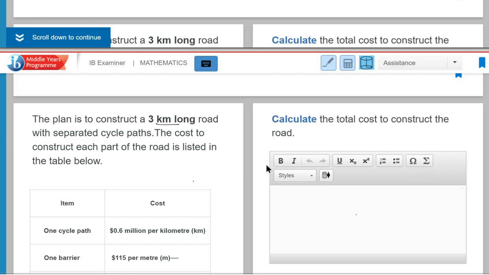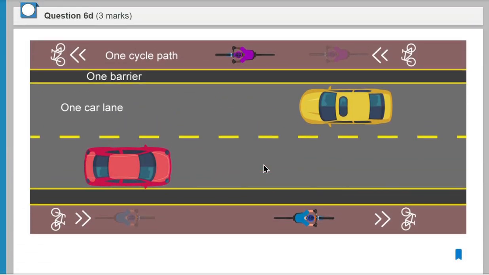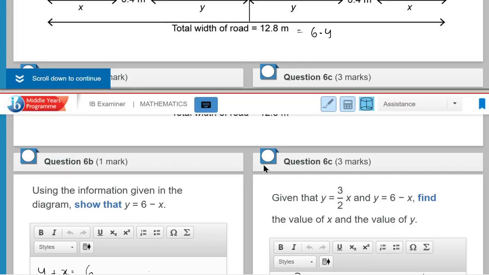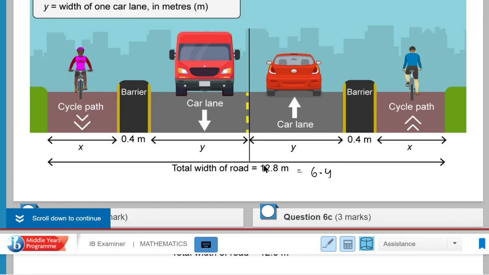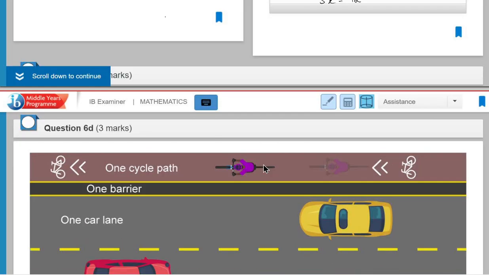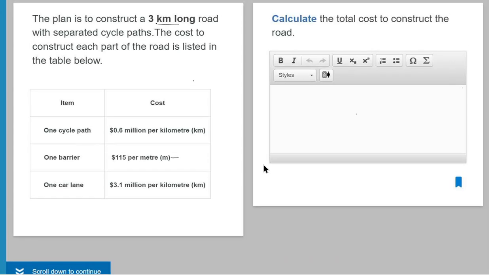The plan is to construct a 3-kilometer long road. Okay, this was the information. With separated cycle paths, the cost to construct each part of the road is listed in the table below. Okay.